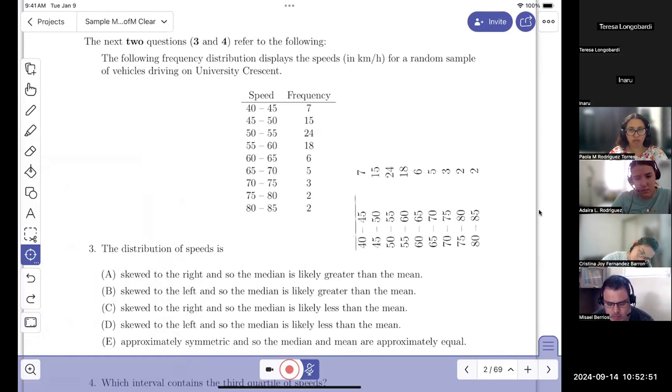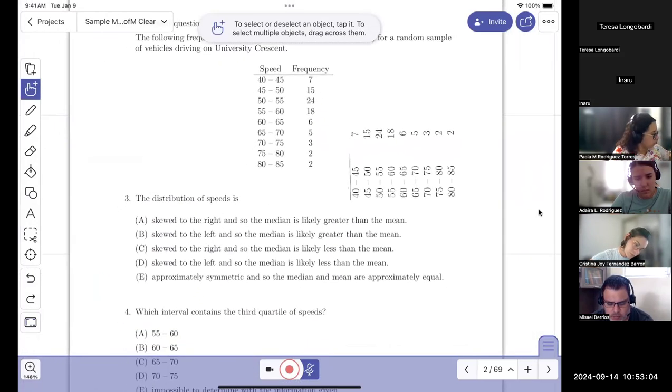Okay, some mixed responses. For people who missed that one, try the next one.